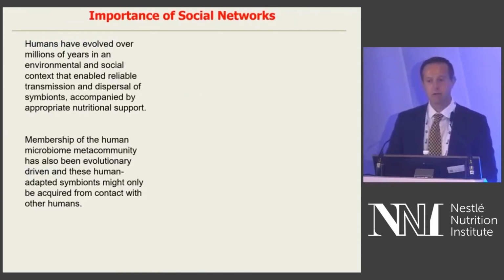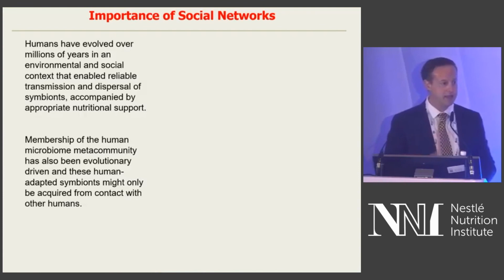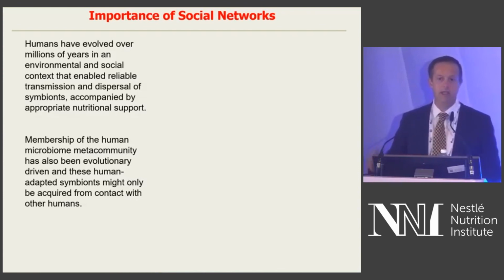And so this is what we've called the paper, actually: the importance of social networks. But the social networks are us. So we think that the bacteria you get from other people is more important than the bacteria you get from a general environment. It's not saying that biodiversity isn't important, it is. But we feel that the evolution of specific species to coexist with the host has happened over millions of years.